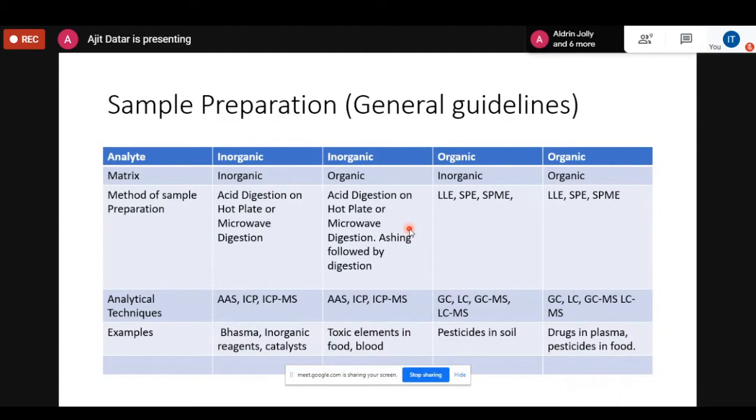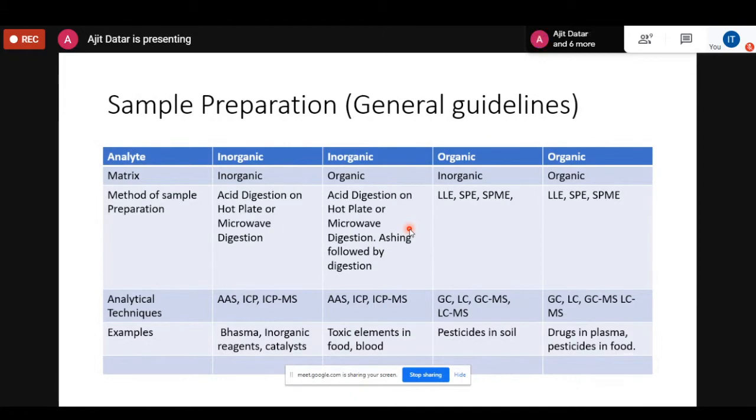And again, we can use the same techniques like atomic absorption, ICP, ICP-MS, etc. And the example could be toxic elements in food, blood. Many times we come across that arsenic has to be analyzed in food. Now FSSAI, where we have that food analysis tag, which guarantees you the safety of the food, there we have to determine these toxic elements in food.